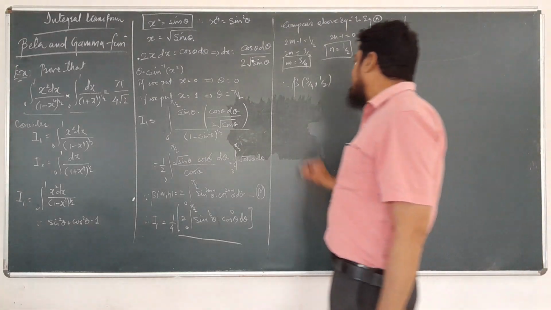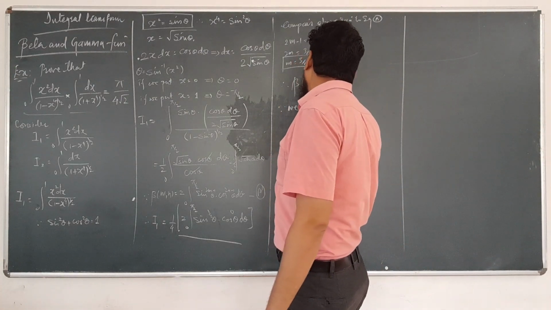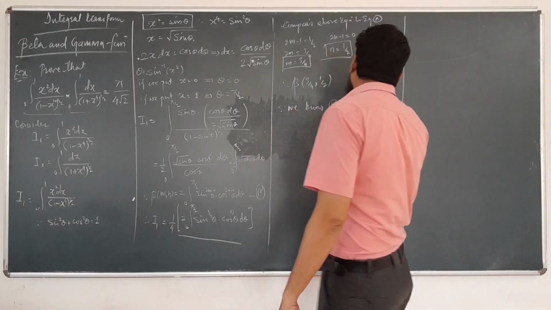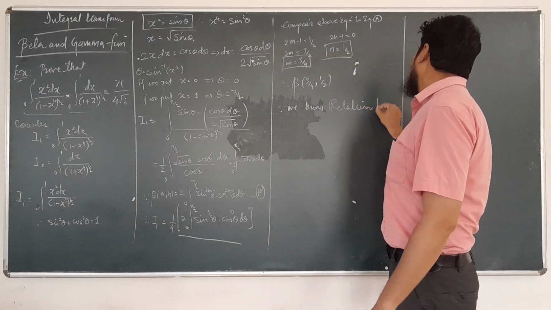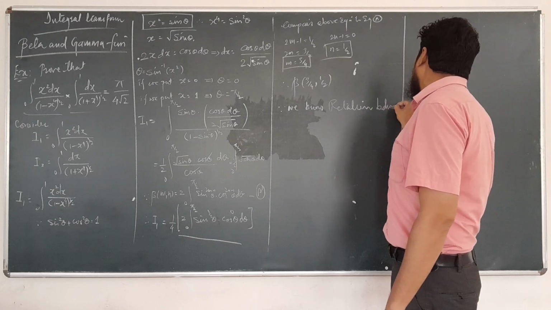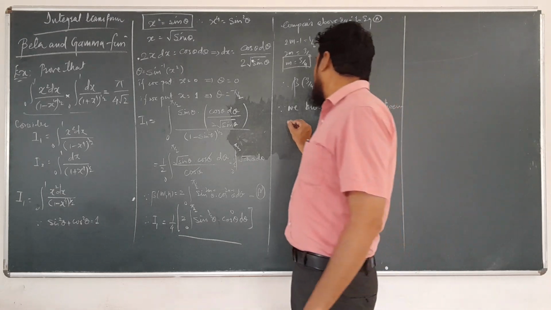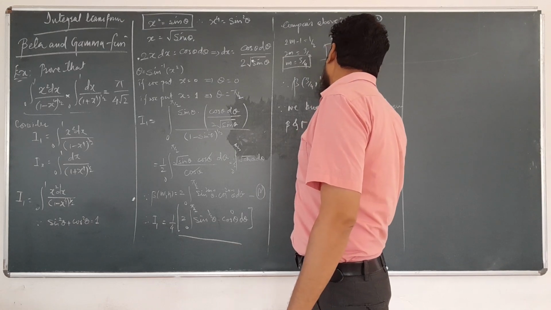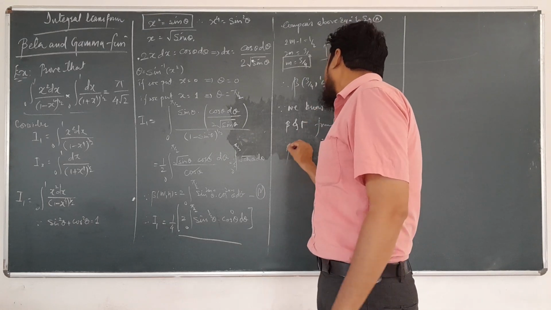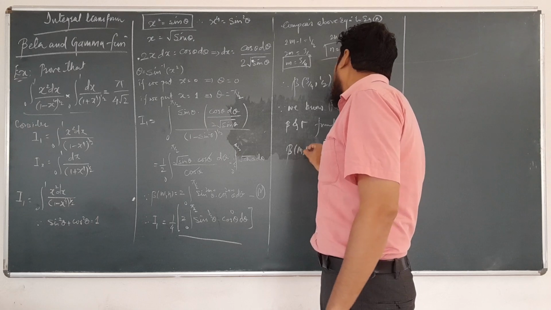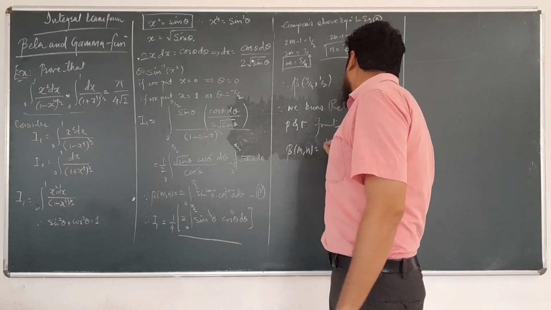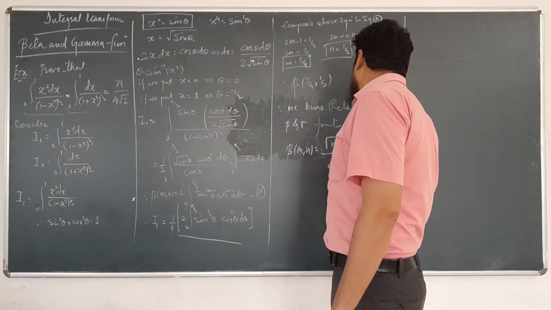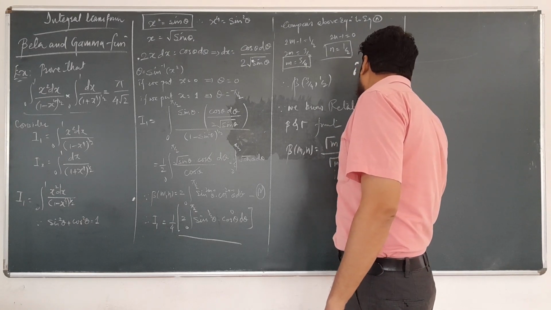Now, since we know the relation between beta and gamma function, and what is that? That is beta of mn is equal to gamma of m into gamma of n upon gamma of m plus n.